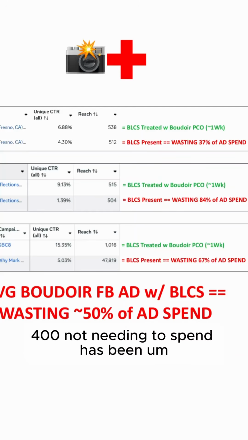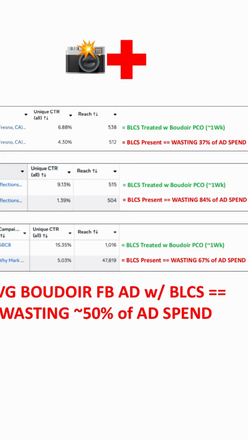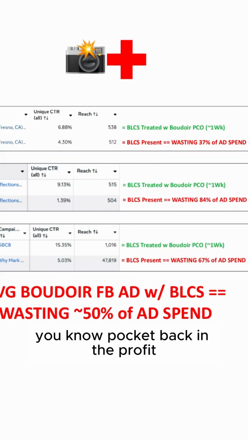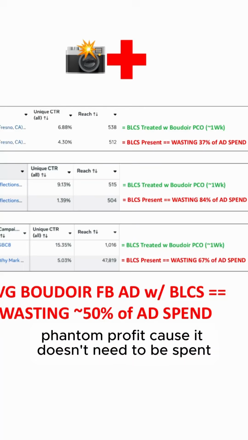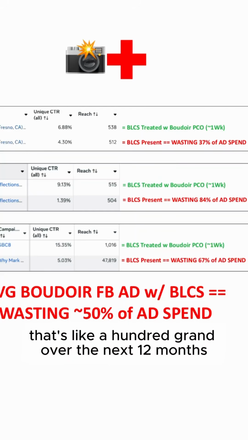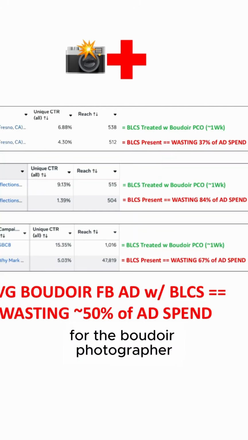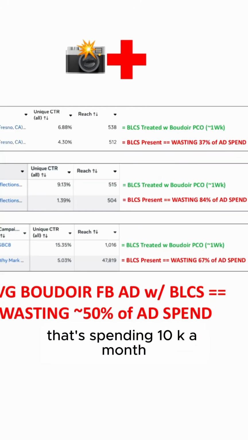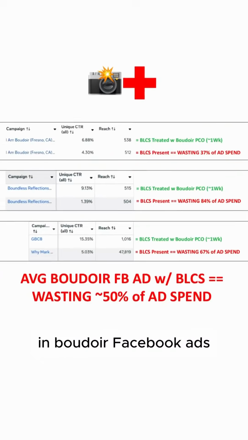So 8,400 not needing to be spent goes back in the pocket as phantom profit, because it doesn't need to be spent. That's wasted spend eliminated. That's like 100 grand over the next 12 months for the boudoir photographer that's spending 10K a month in boudoir Facebook ads.